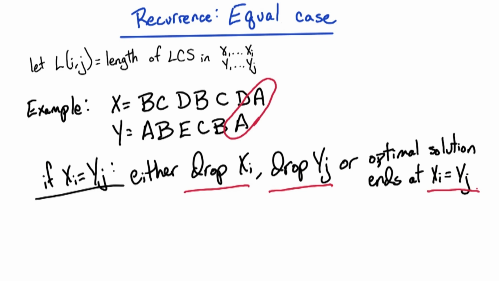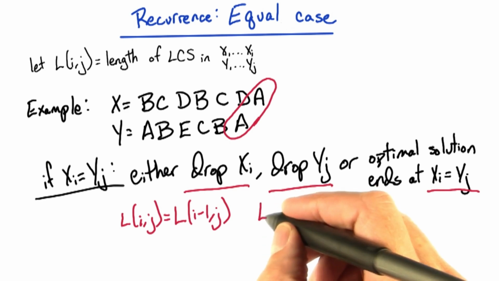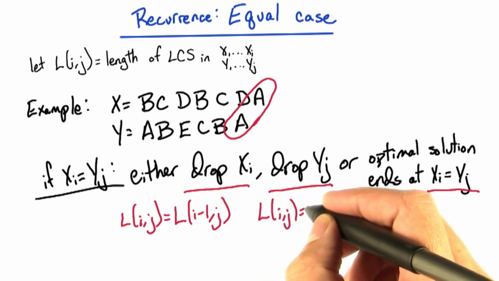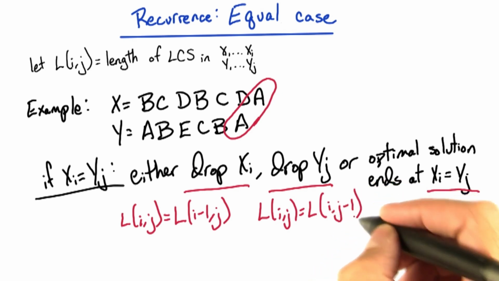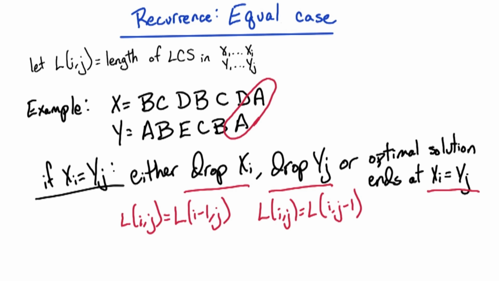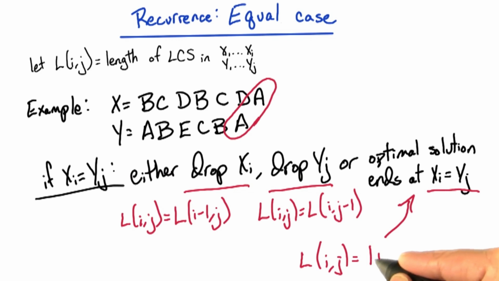Now in the first case, where we drop xi, notice that L of ij is equal to L of i minus 1, j, where we just dropped xi from the solution, just like in the unequal case. Similarly, when we drop yj, L of ij equals L of i j minus 1. Now the interesting case, which didn't exist before in the unequal case, is that the optimal solution ends in this common character. And in this case, L of ij is 1 plus, the 1 is for the common character that we're appending on the end.